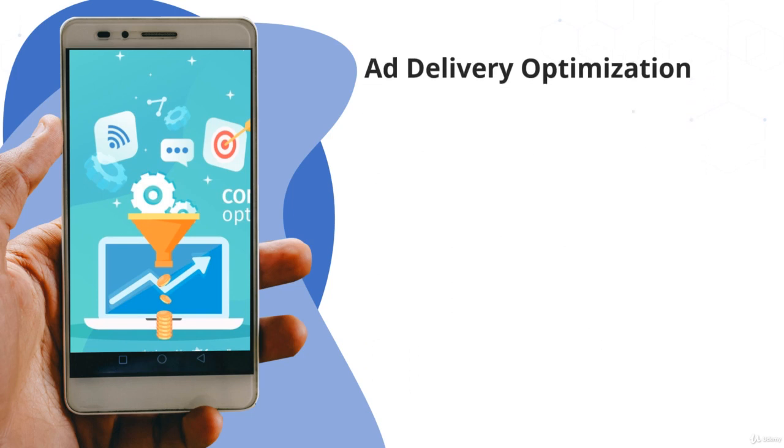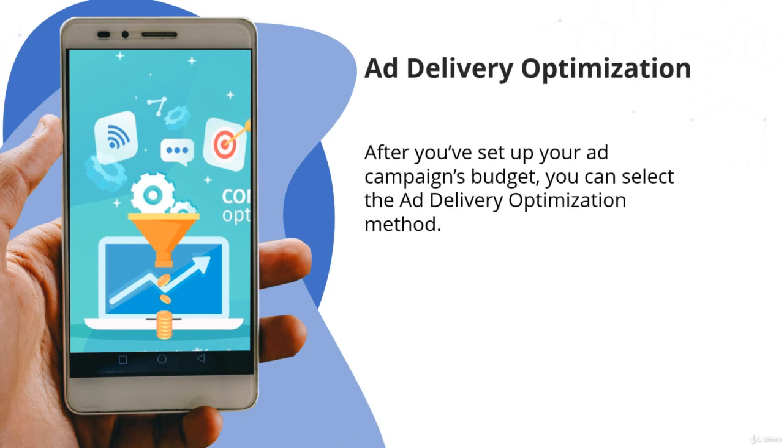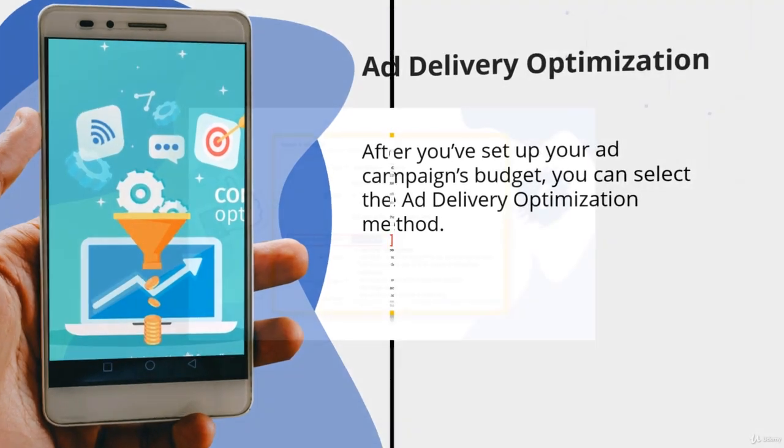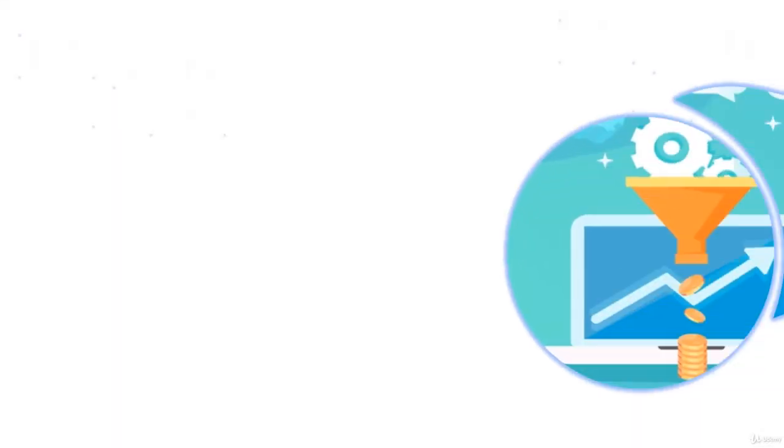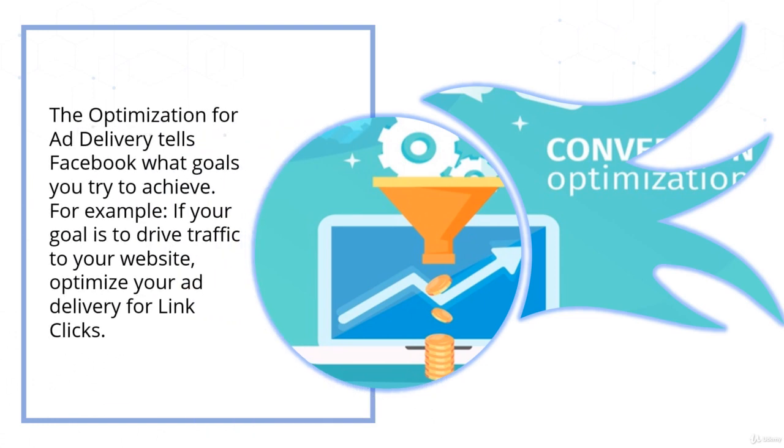Ad delivery optimization. After you've set up your ad campaign's budget, you can select the ad delivery optimization method. The optimization for ad delivery tells Facebook what goals you try to achieve.